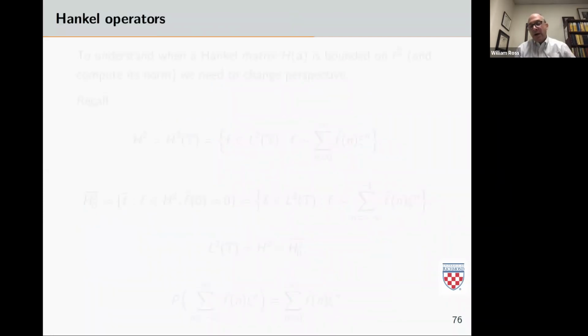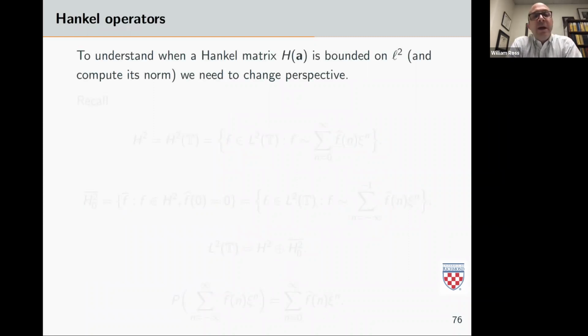So if we're going to understand when a Hankel matrix is a bounded operator on L2, we actually don't get all that far from just looking at the matrix, which is why we're all attending this course on operators on function spaces. So we're going to need L2 theory here.